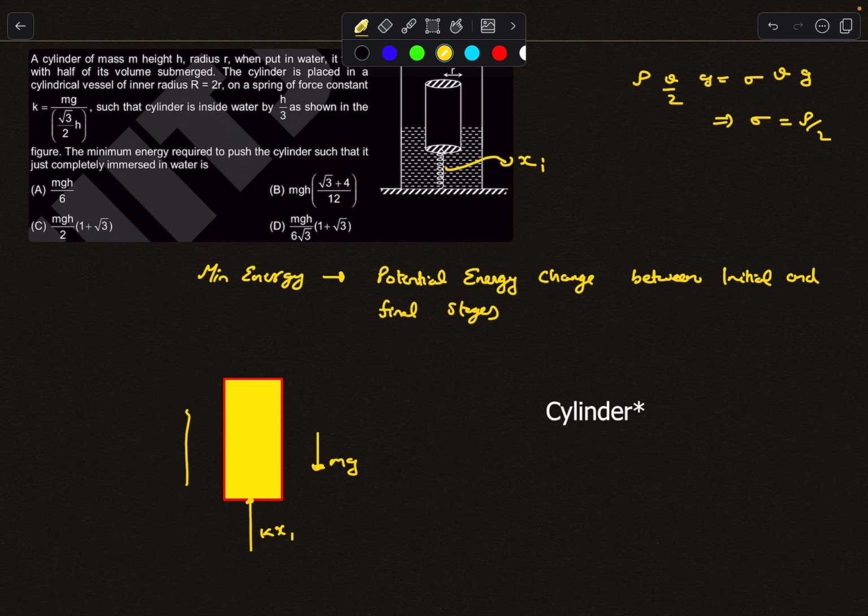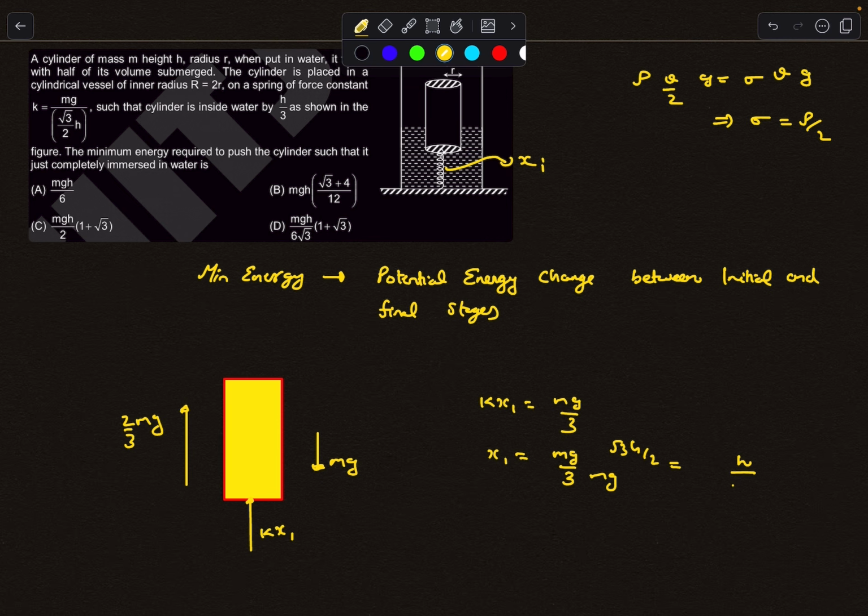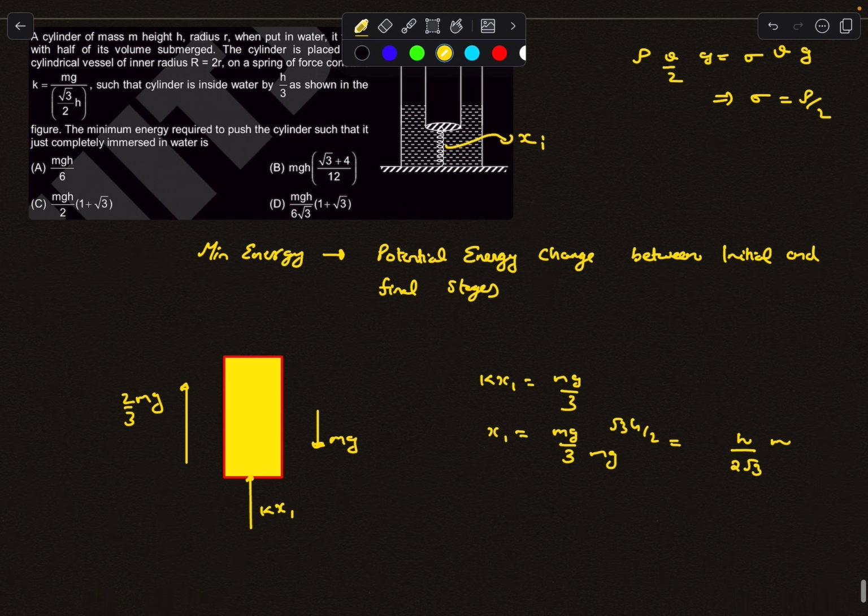So the buoyant force is actually 2 by 3 mg, right? Once again, 1 by 3 comes because 1/3 of the volume is submerged, and 2 comes because the density of the fluid is double the density of the water. So from here we get k xi as mg by 3. If you substitute the value of K over here, you'll get the initial compression as h divided by 3. So now we figured out the initial compression in the spring.